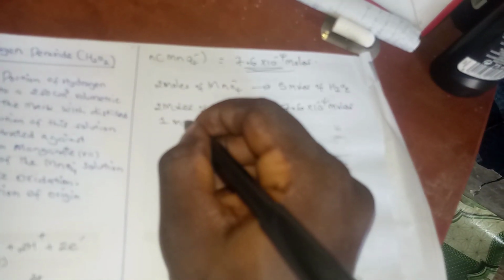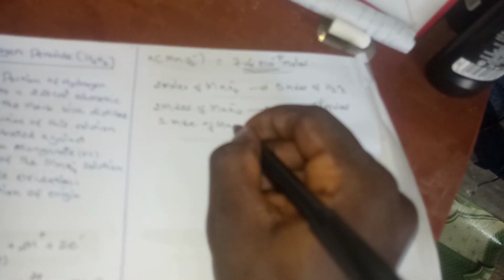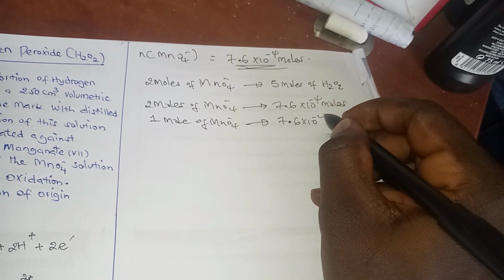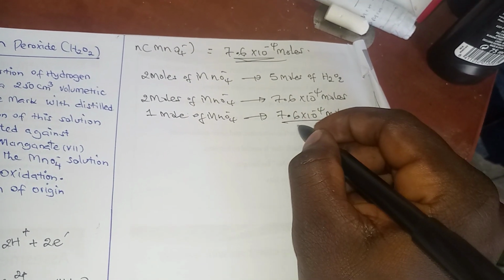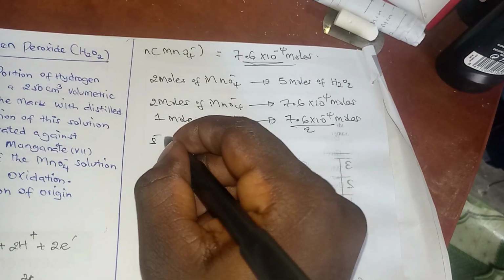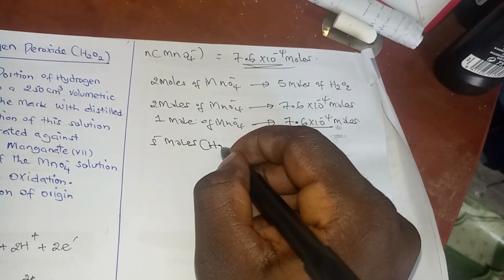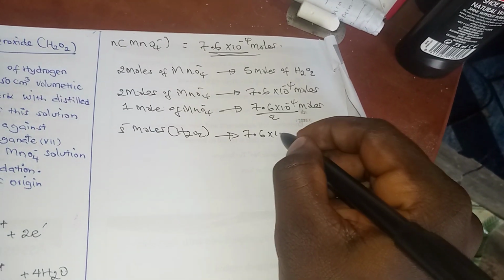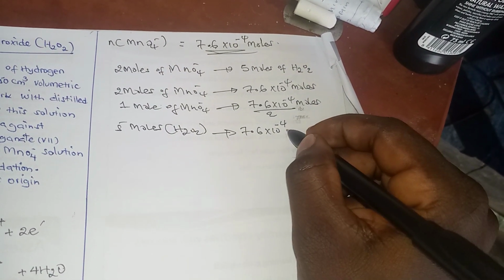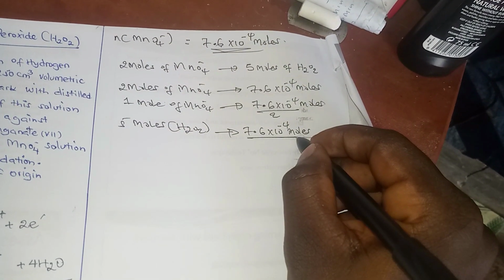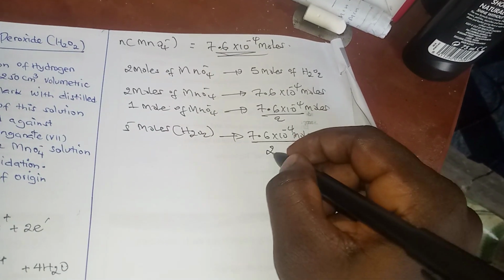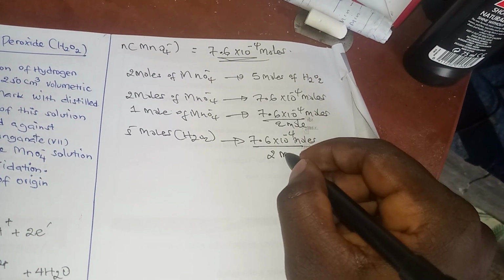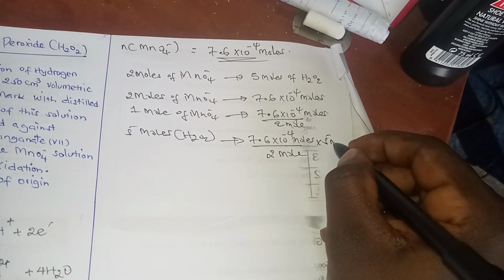When it becomes 1 mole of manganate, it will be this number, 7.6 times 10 power negative 4 moles, divided by 2. Then when it becomes 5 moles of hydrogen peroxide, it will be 7.6 times 10 power negative 4 moles, divided by 2, times 5 moles.